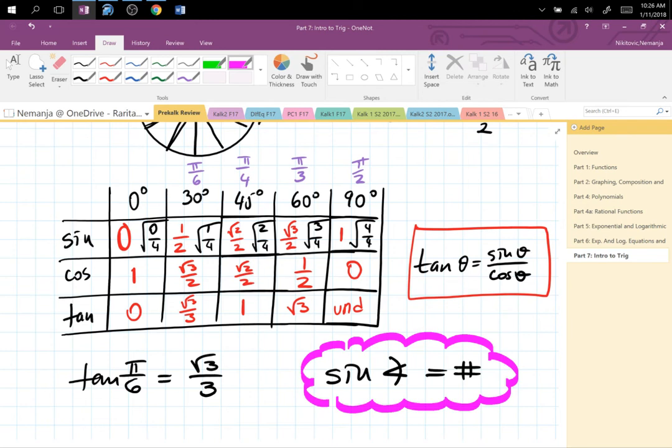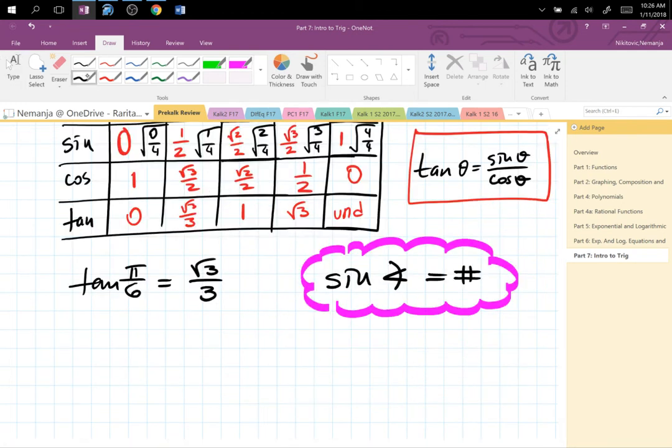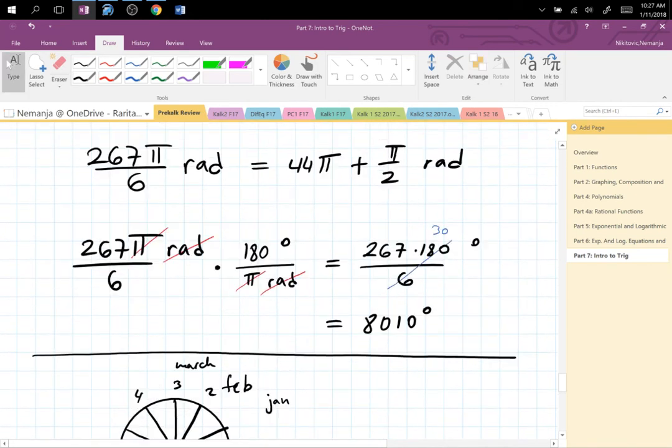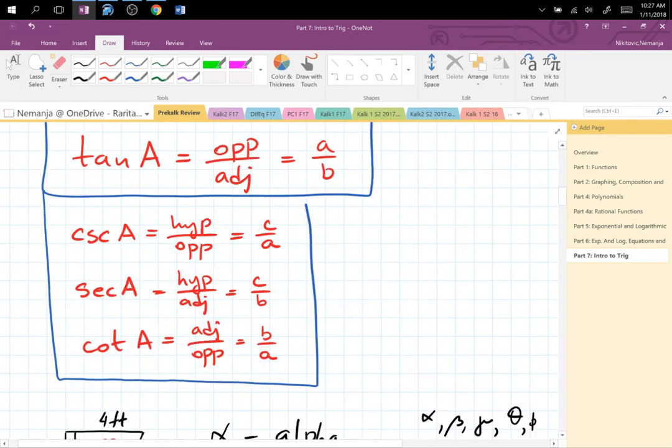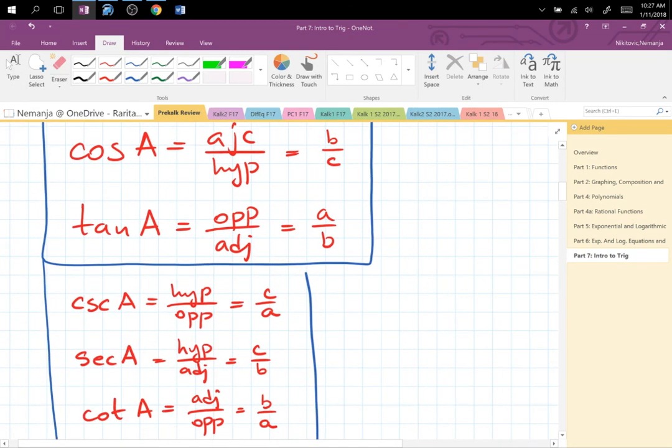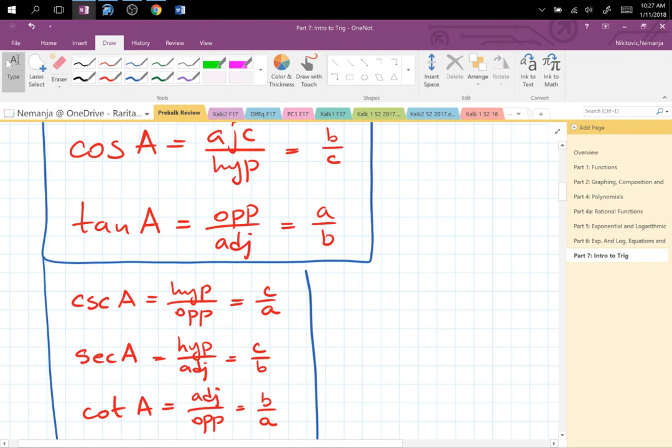So what is secant of pi over 3? Can we calculate it? Because you will have to calculate secant of pi over 3 in calculus. Well, if you go back to our basic chart, the secant and cosine are flips of each other.